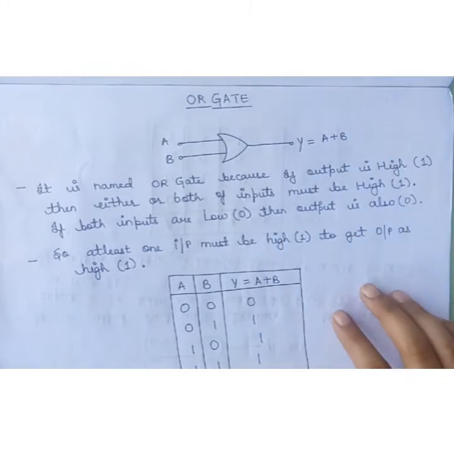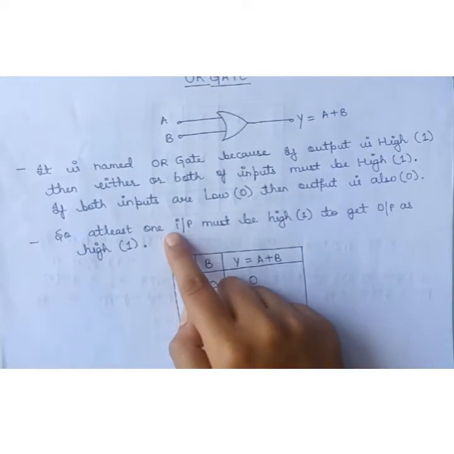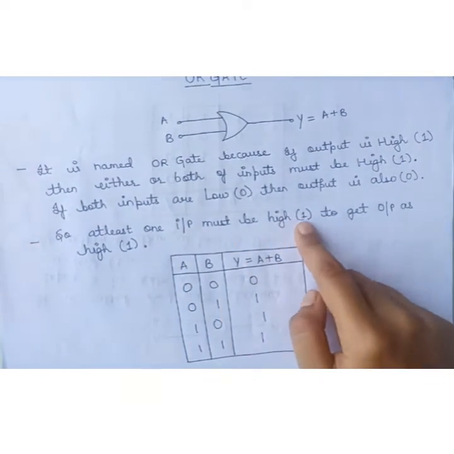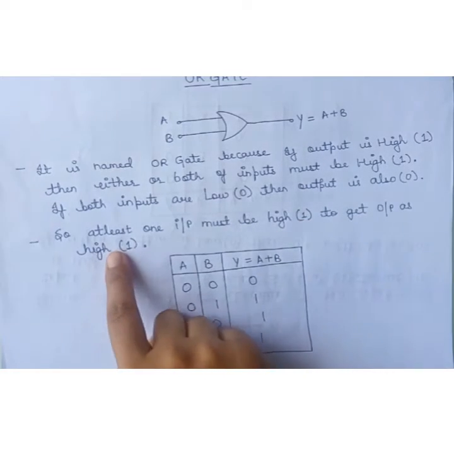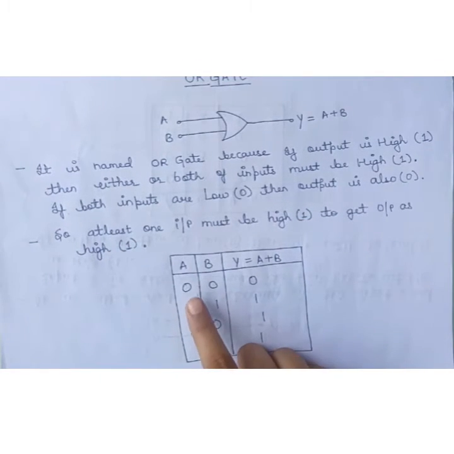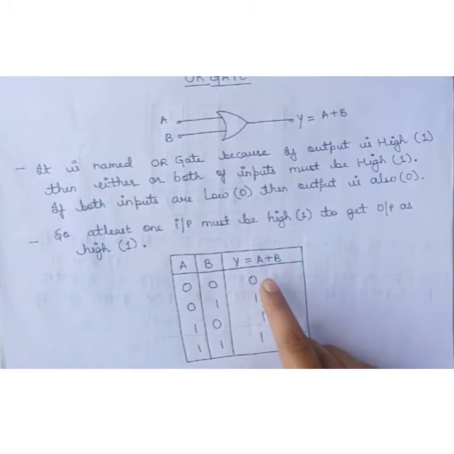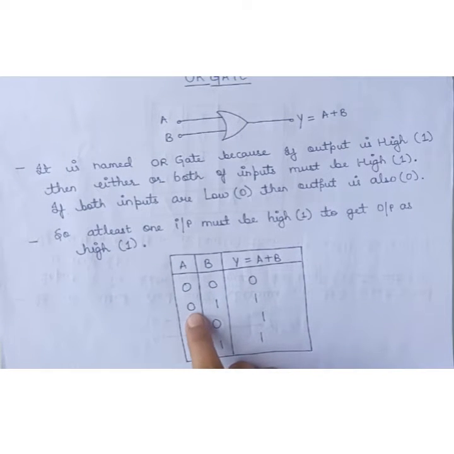So according to this statement, there must be at least one input that must be high to get the output as high. So here you can see 0 0, both inputs are low voltages. So the output is also a low voltage because 0 plus 0 is 0. Next, if we give A input as 0 and B input as 1, then we get output as 1 because 0 plus 1 is 1.